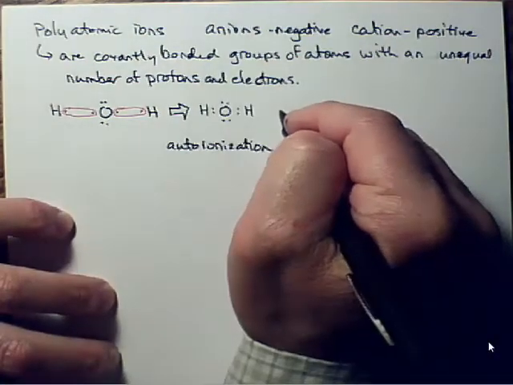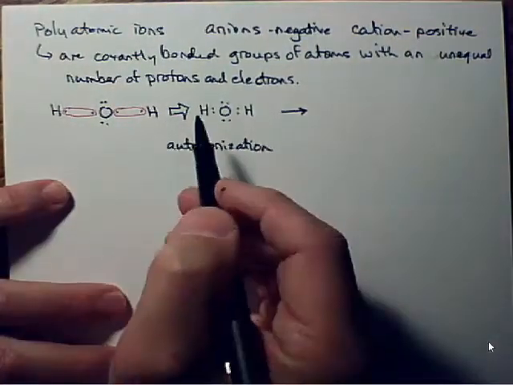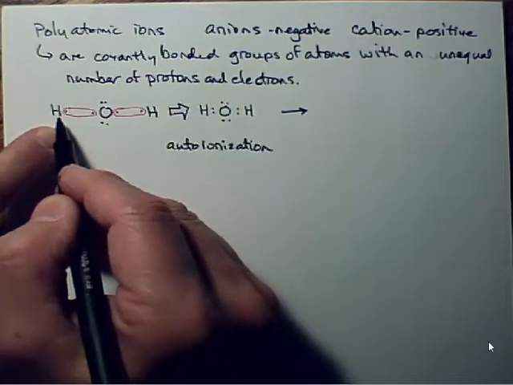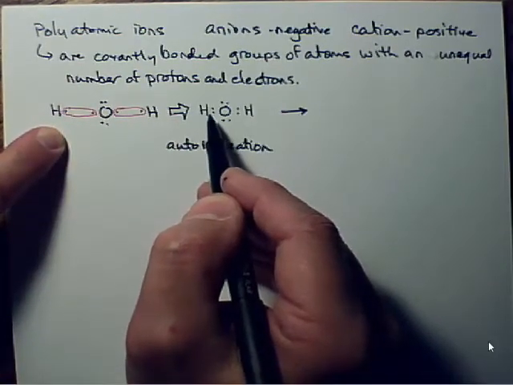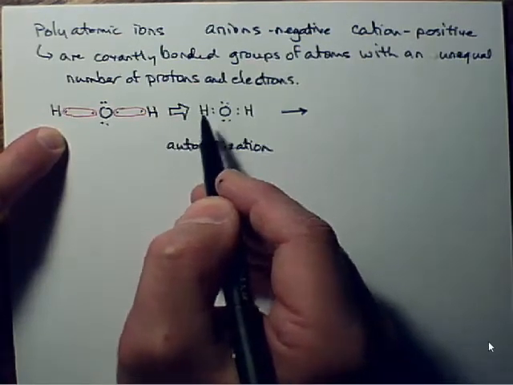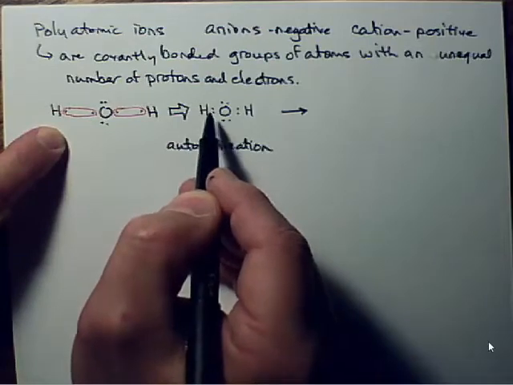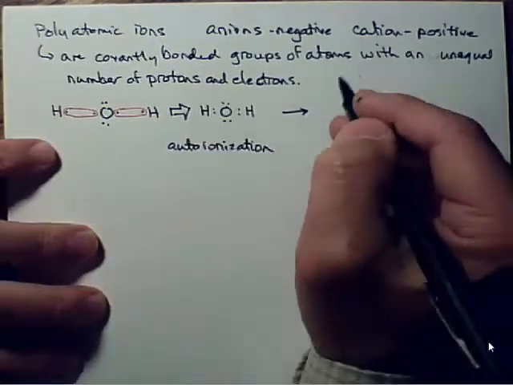So what happens is this water molecule breaks up. The hydrogen, which had 1 electron when it was just a hydrogen atom, leaves without its electron. Okay? This hydrogen is going to leave without that electron. It's going to leave that electron on the remainder of the water molecule, which is not going to be a water molecule anymore.